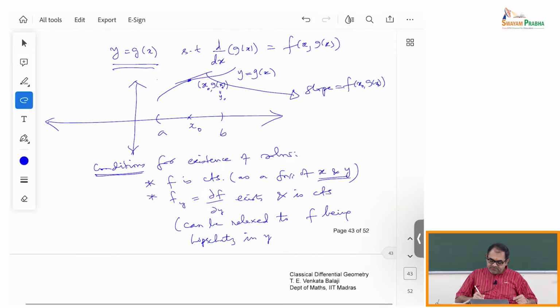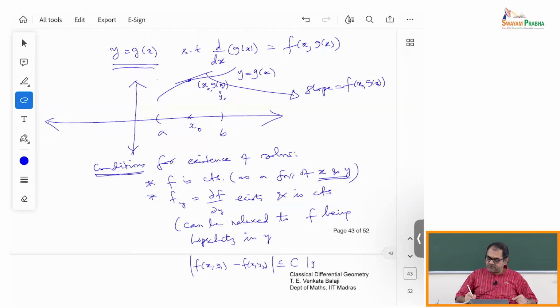Basically what this means is something like this: if you take f(x, y1) minus f(x, y2), this difference should be bounded by some constant times the modulus of y1 minus y2, okay. This kind of condition is called a Lipschitz condition. If you bring this mod y1 minus y2 to the left side and divide, it looks like a partial derivative as y2 goes to y1.